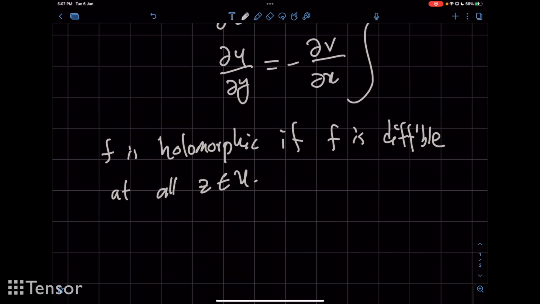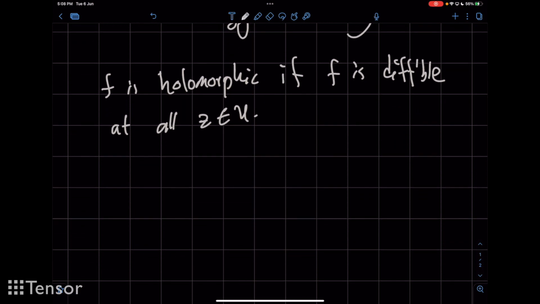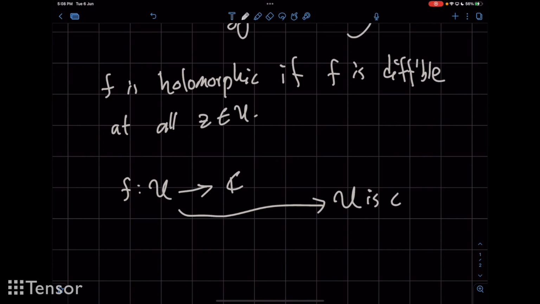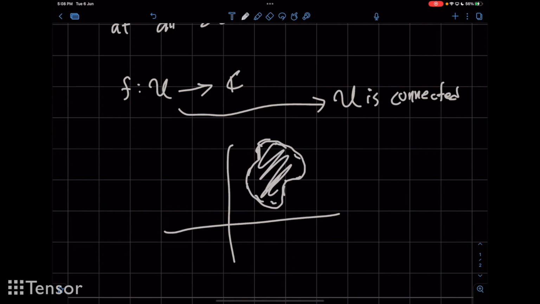All right. Now all the functions I will be considering today are of this form. The domain is an open subset of the complex plane, and furthermore, we shall be requiring that this U is connected. That is, if I try to draw the domain, so let's say the interior of this thing is our domain.